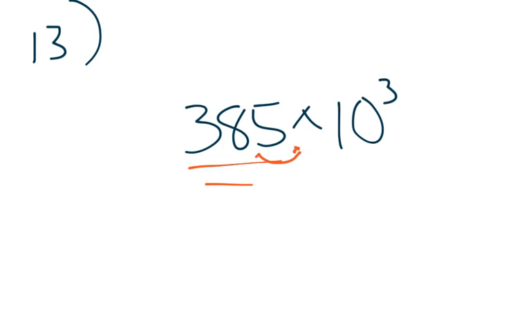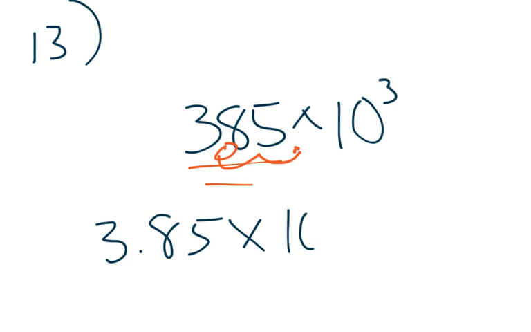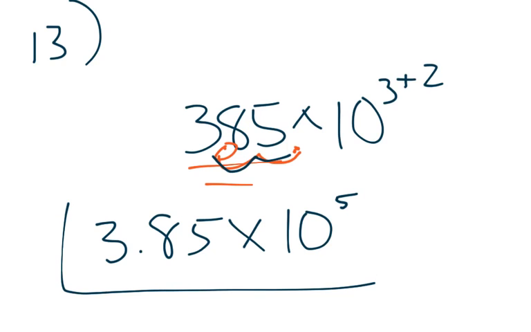We want to move it 2 times. So now we have 3.85, which is a number between 1 and 10, times 10, and because we moved it twice, we want to add 2 to this exponent. So 3 plus 2 is 5. So this is our final answer for number 13.